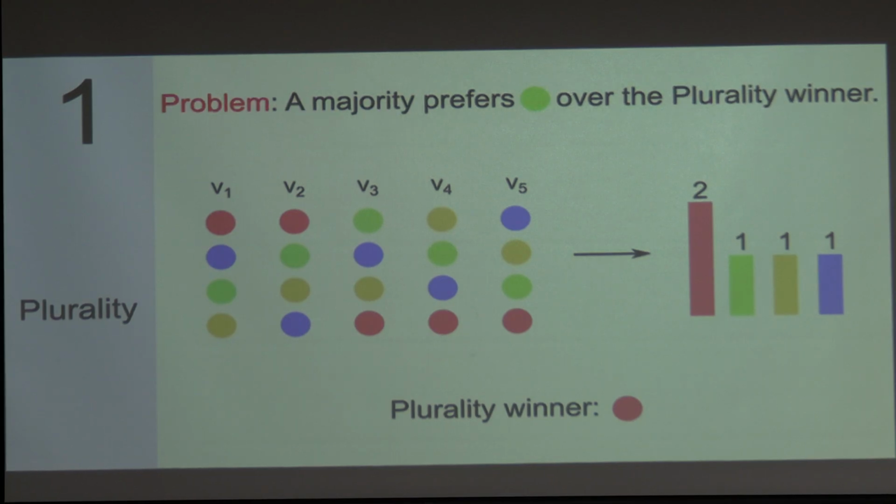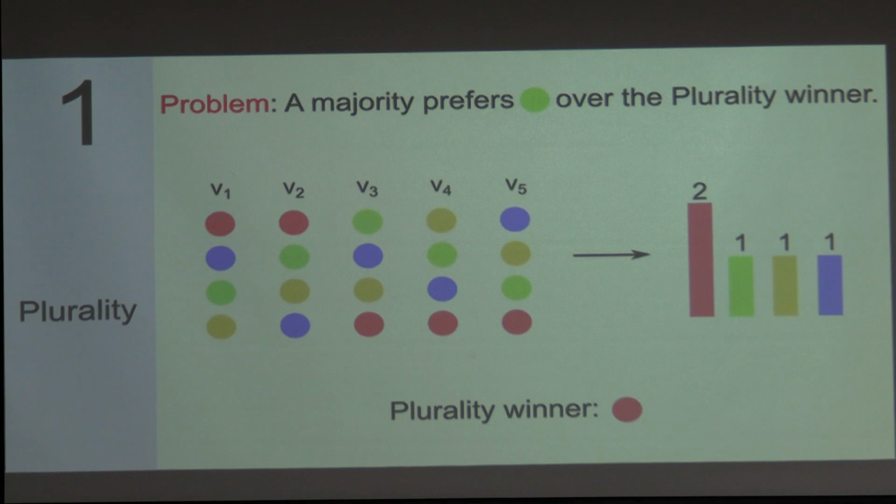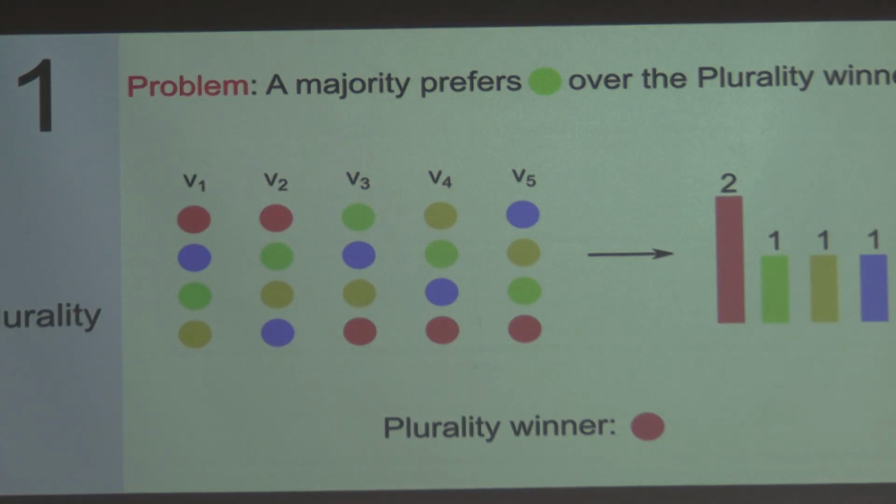Good. So the problem with plurality, I mean, it's a very easy to explain rule, but the problem is that sometimes the plurality winner might be disliked by more than 50% of the voters compared to some other candidate, right? For example, here the plurality winner is red, right?